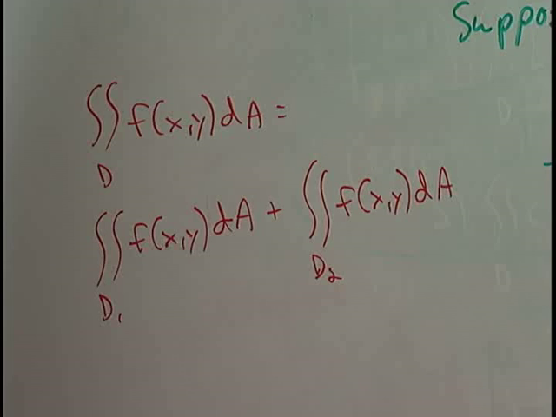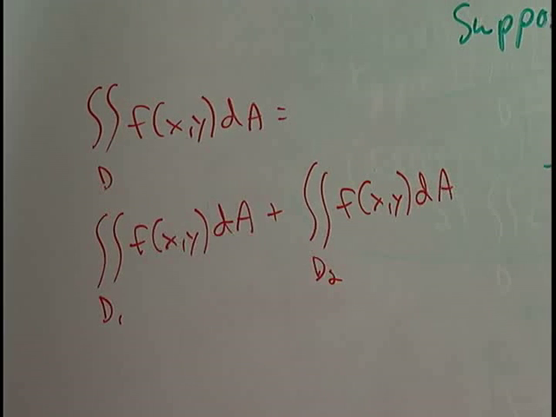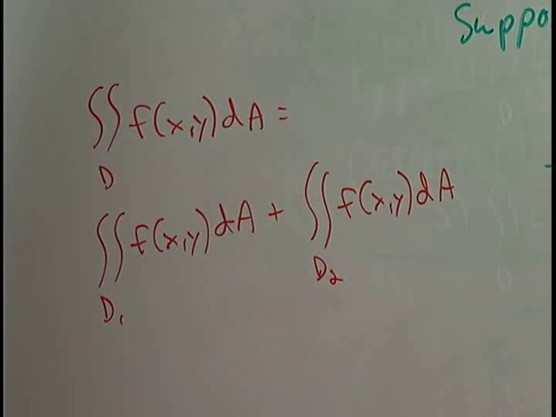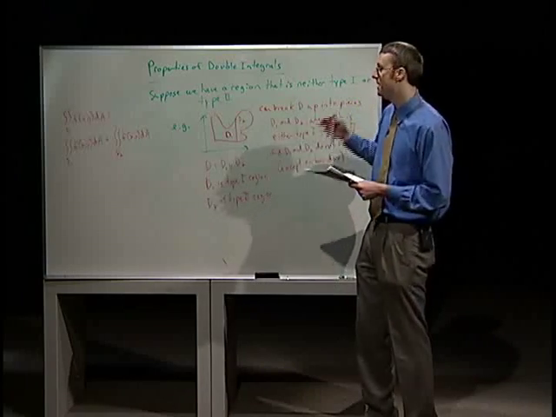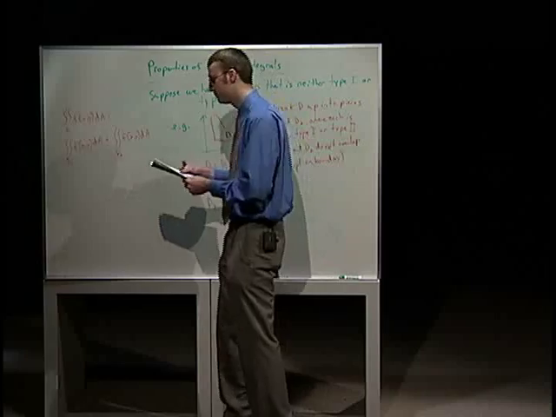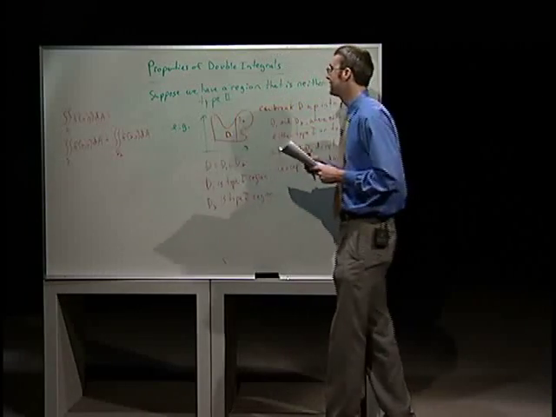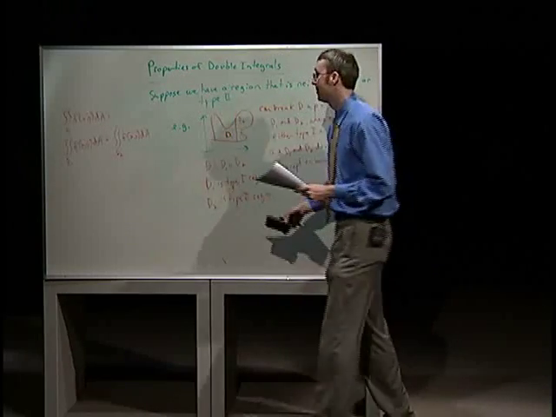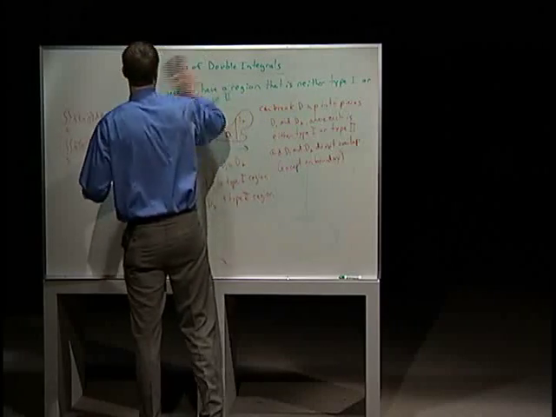If you're breaking a region up, you just sum all the pieces together. That's why these shouldn't overlap, otherwise they would create repeated values.